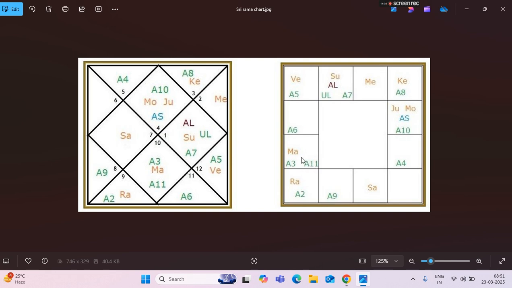So when Narada came to know about this Maya of Sri Vishnu, he cursed Vishnu, stating that you will also face the same problems. When you are getting married, you will face problems with your spouse. And that is what has happened.